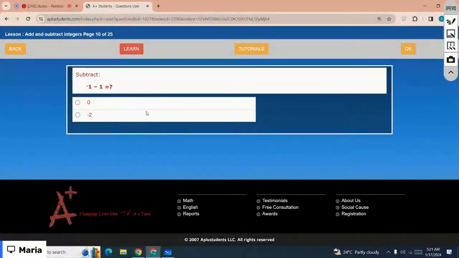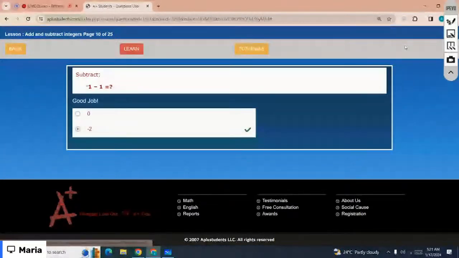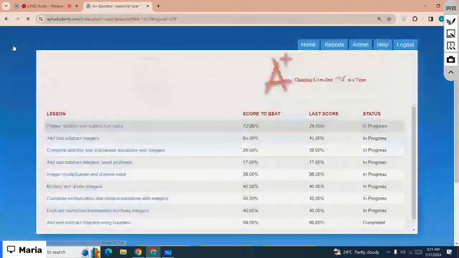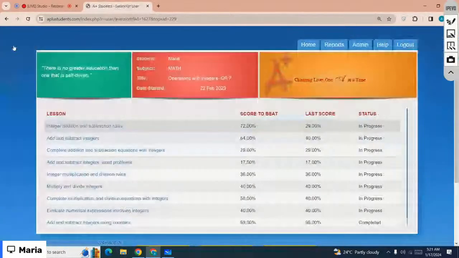Got it? Okay, you can complete the lesson by yourself later today. Let me just move on to the next lesson. And the next lesson is complete addition and subtraction equations.